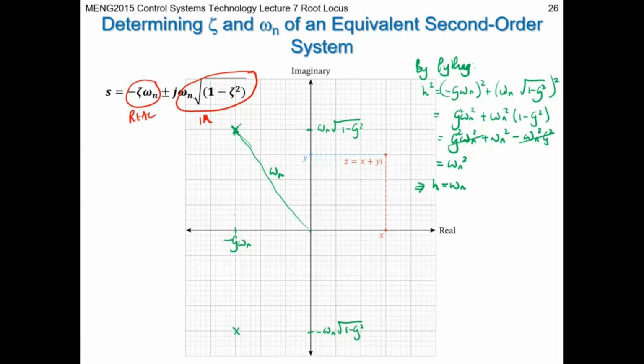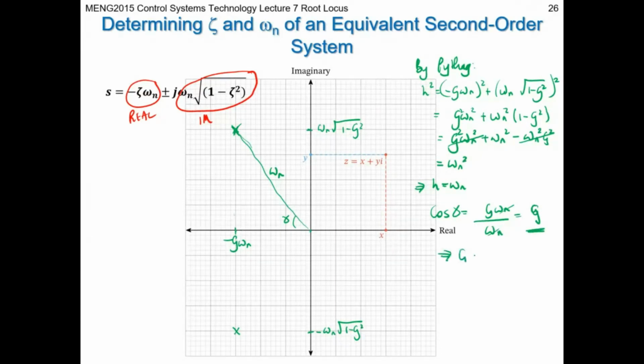So what else can we find out from this simple plot? Well, if we have some angle here, which we call gamma, then the cosine of this gamma is going to be minus zeta omega n over our hypotenuse, which we just determined is omega n. These cancel. So the cosine of our angle equals zeta.